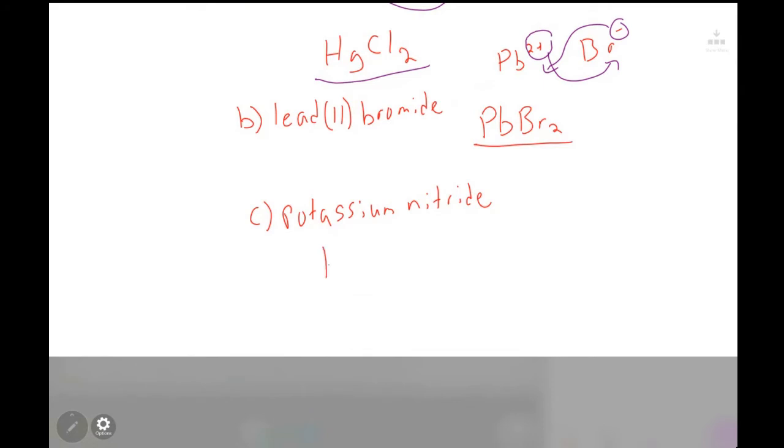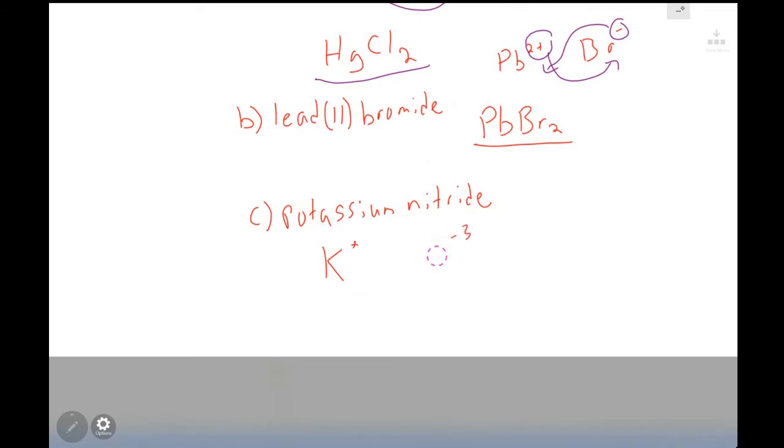So we have to know that potassium can only be 1 plus. And then we also have to know that nitrogen is going to be -3. This has to come from our knowledge.